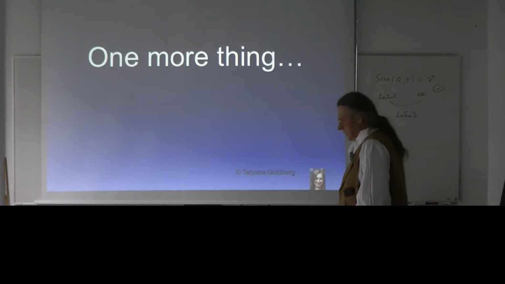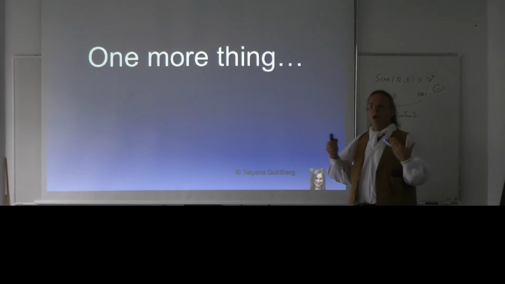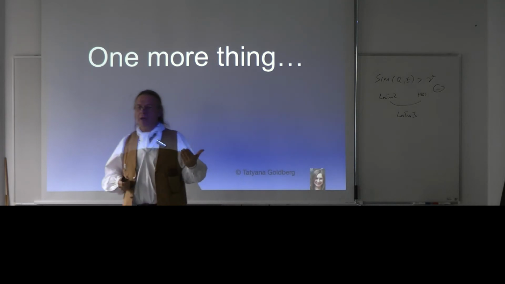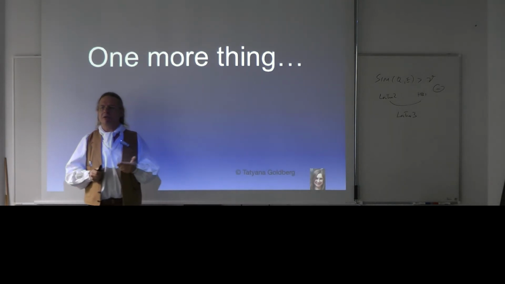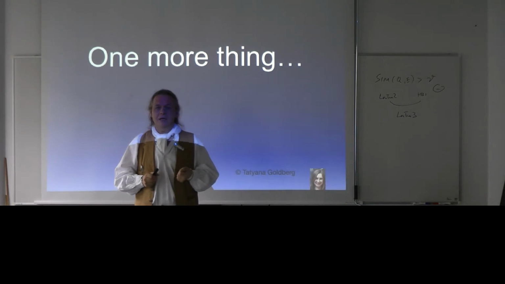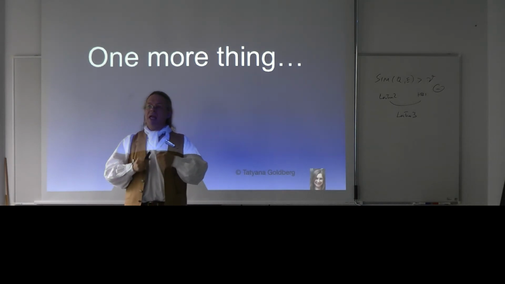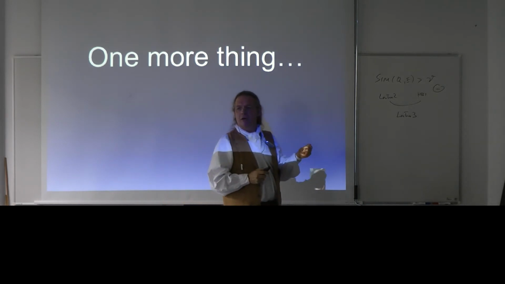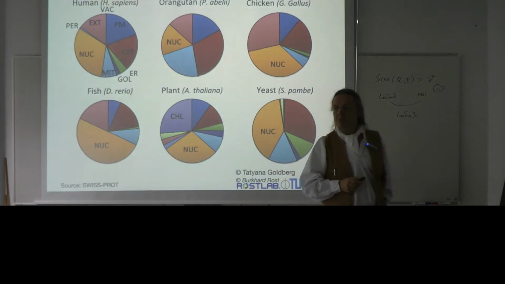One advantage of prediction of subcellular localization over experimental values is it's available for every single protein, right? So I could simply apply it to entire organisms. And then I get sort of these pie charts.